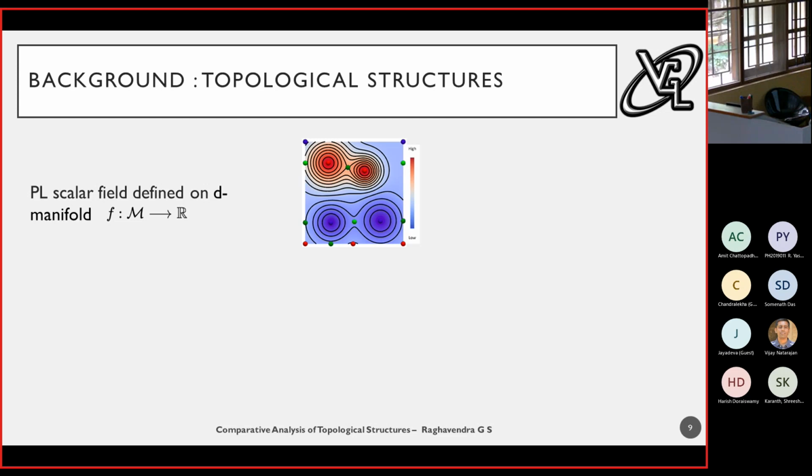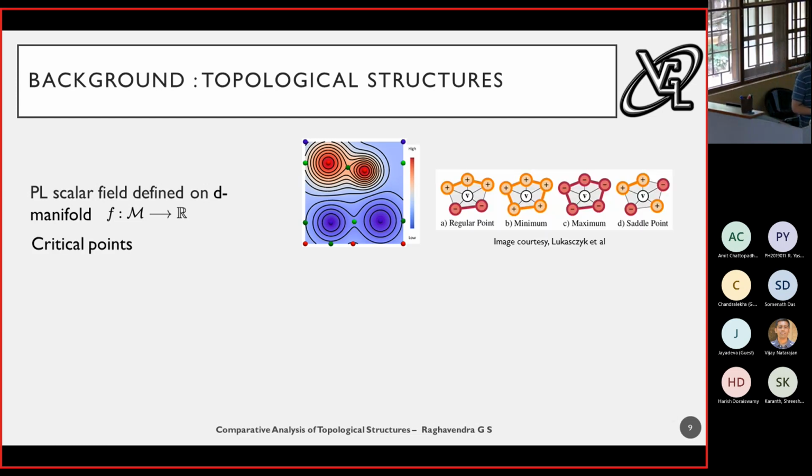When we vary this iso value from low to high, the level sets are created, they grow, they merge, they split, and they get destroyed. All these events, the creation, destruction, split, and merge, happen precisely at what are known as the critical points of the function. The critical points can be computed by looking at the local neighborhood of a particular point.